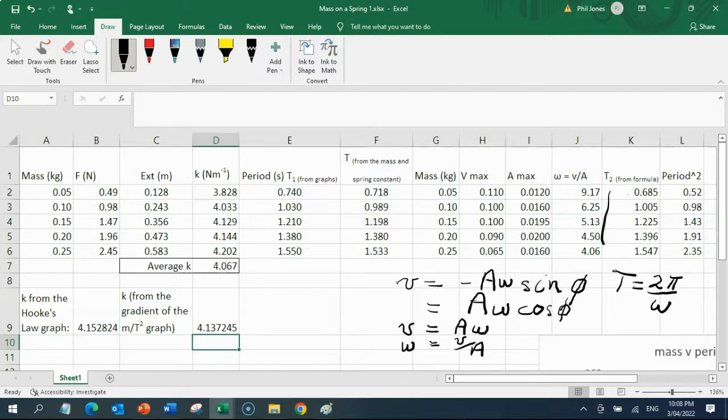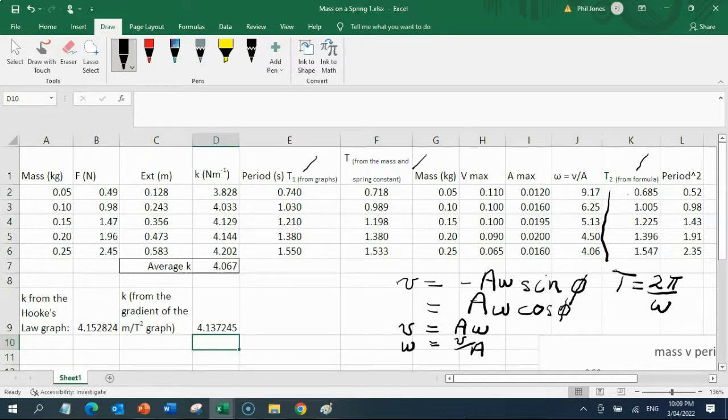This is what we've got here. So we've got 3 ways now of getting the period. We've got this one here, we've got this one here, and we've got this one. Now, in each case, we can make a comparison, and by and large, they are the same.